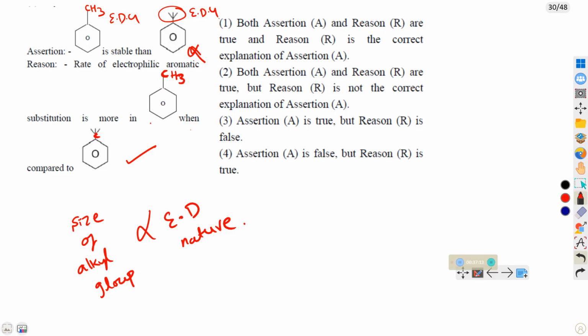That means the rate of electrophilic aromatic substitution is more. Where hydrogen atoms are present, electrophilic aromatic substitution is possible. Here hydrogen atoms are absent, so electrophilic aromatic substitution is absent. Assertion wrong, reason correct.